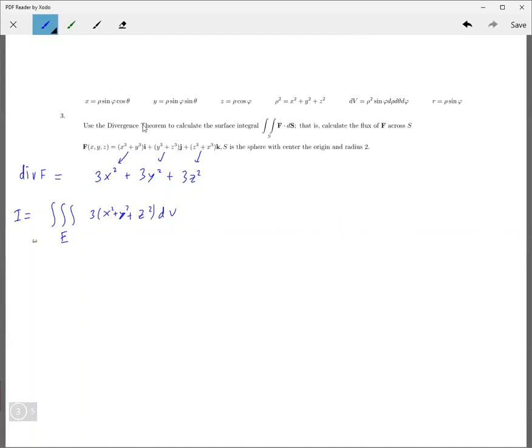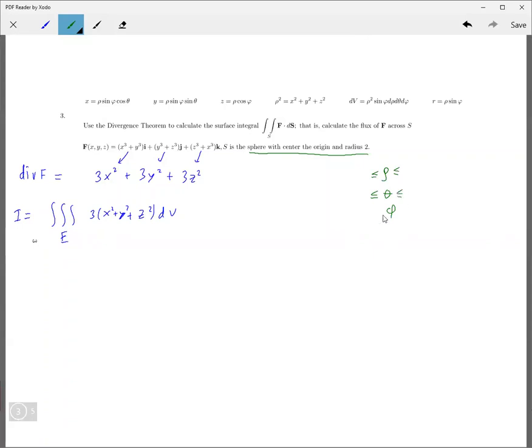Okay, so I just copied and pasted all the spherical coordinate stuff because it's a sphere. I copied all that stuff there. Sphere with center at the origin and radius 2. So we need to find limits on rho and theta and phi.